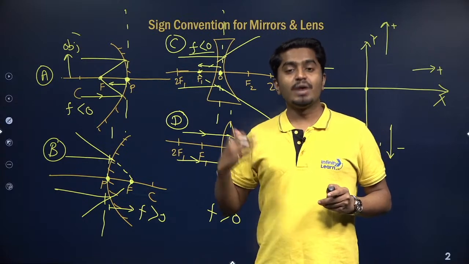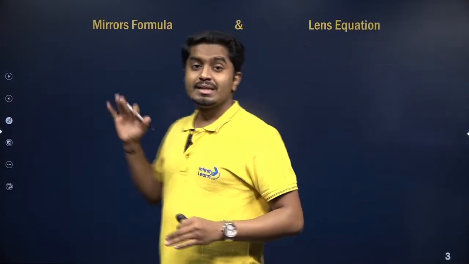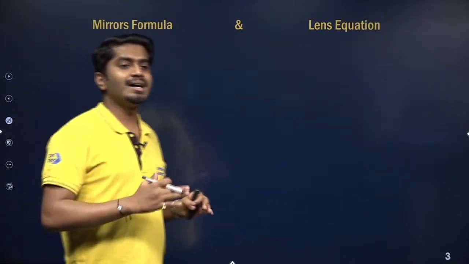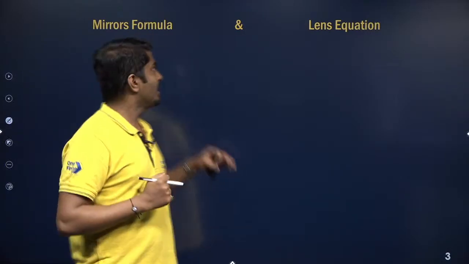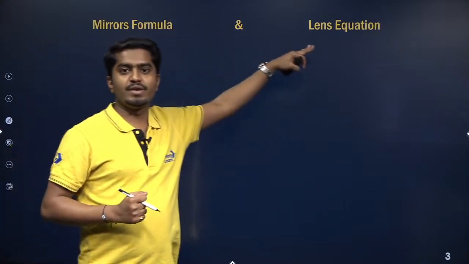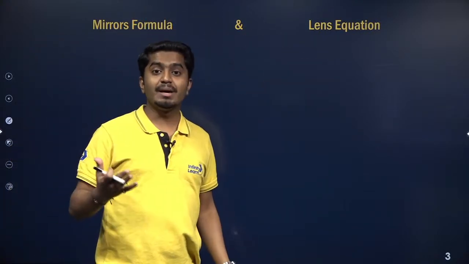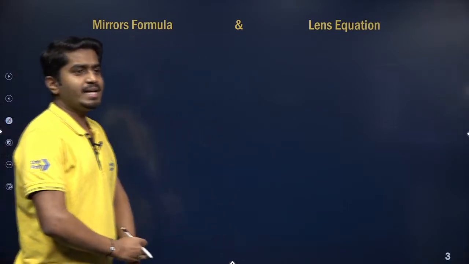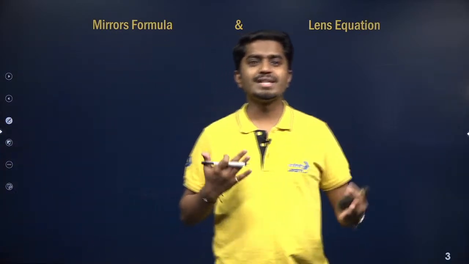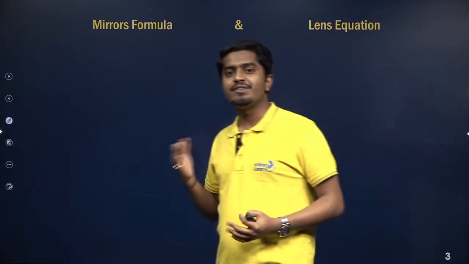Okay? One more thing you need to remember: the mirror formula and the lens equation. So quickly tell me, what is the mirror formula, what is the lens equation, and what are the magnifications for both of them? Tell me for which there is a positive sign, for which there is a negative sign.